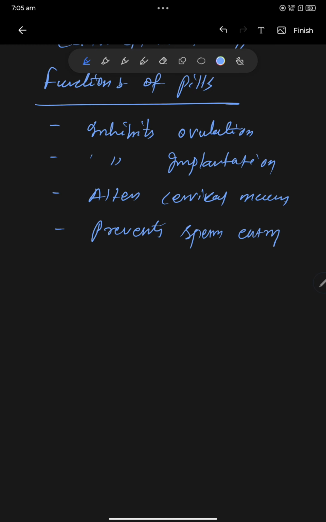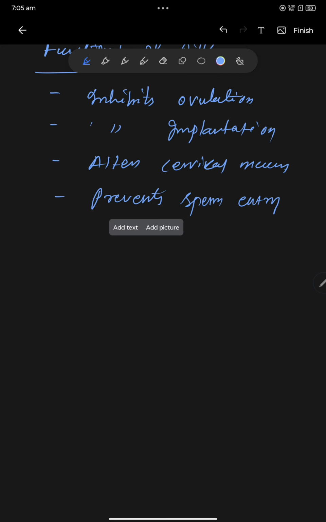By any one of these methods, the pills play their role as a contraceptive.